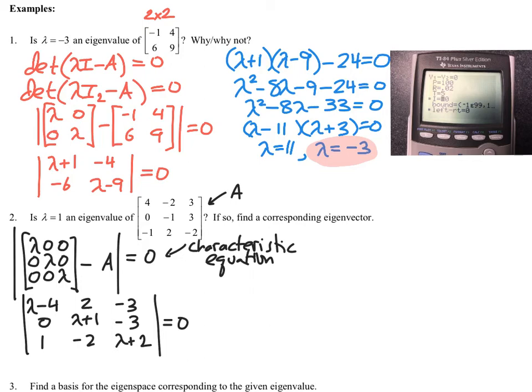So triangular form, because if it's in triangular form, you just multiply down the main diagonal and call it a day, and that's your determinant. Or we're going to use cofactor expansion. All right. So the idea though is we want to pick a nice convenient row to work with, and so it appears in this case that the nice convenient row does not exist, but we'll settle for row 2.